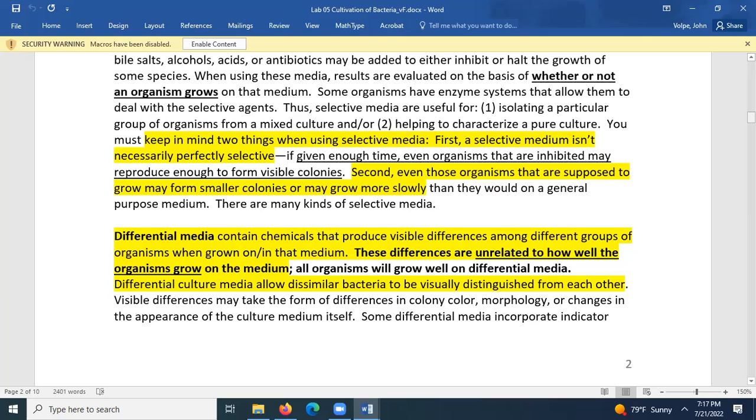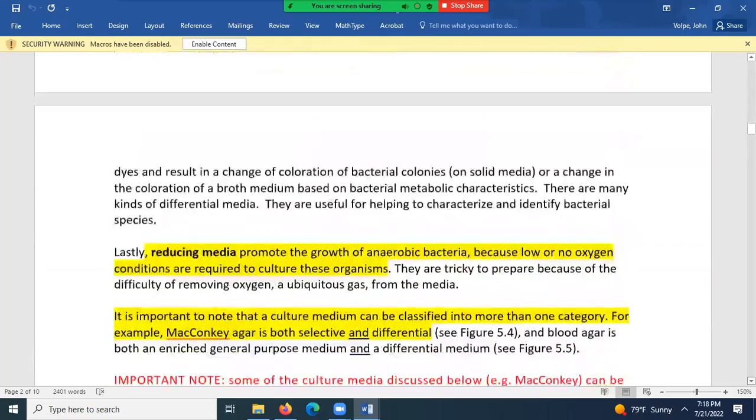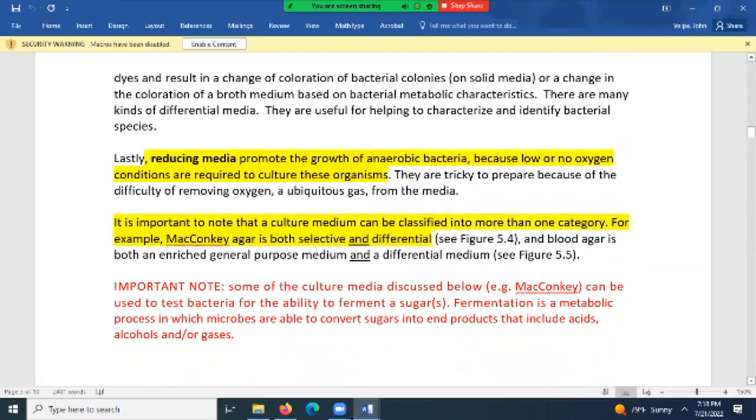The differences are unrelated to how well they grow on the differential media. But you can look at the plates and then distinguish differences between two different species by a differential media. I think I've got an example here in a bit.